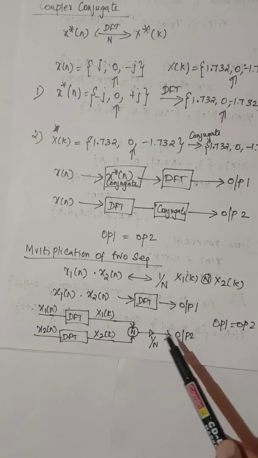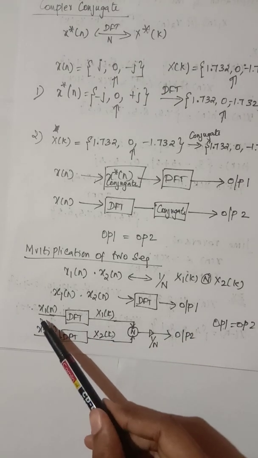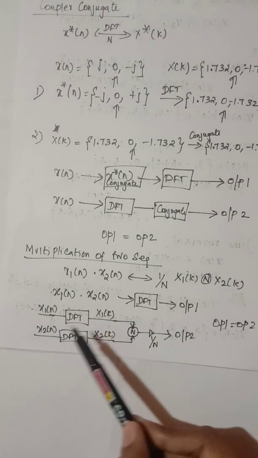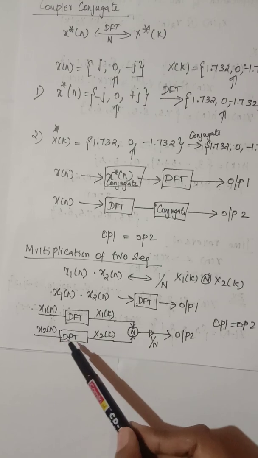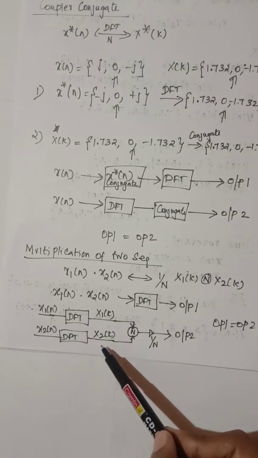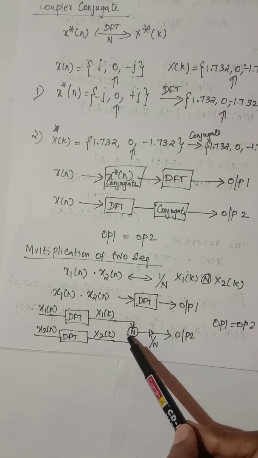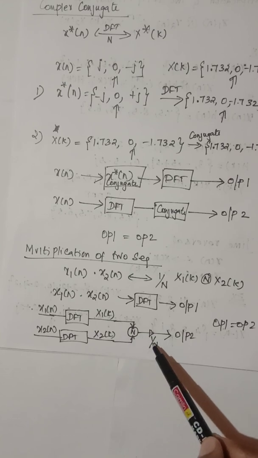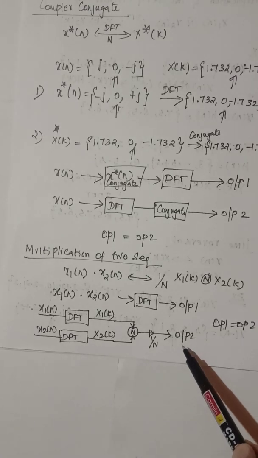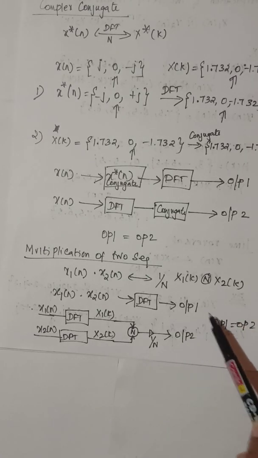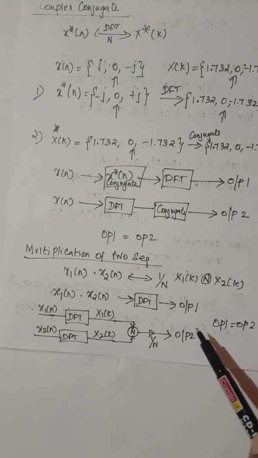That output is equivalent to performing DFT of x1 of n, similarly DFT of x2 of n, and then performing circular convolution of X1 of k and X2 of k, and multiplying by 1 by N. You will get some output, and both outputs are equal. Now I will show you the examples for this.